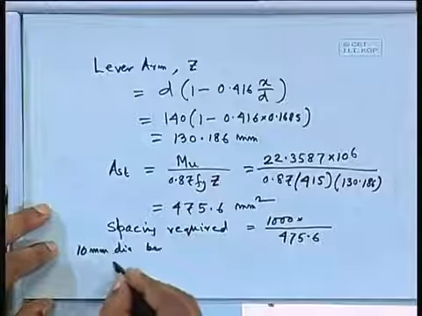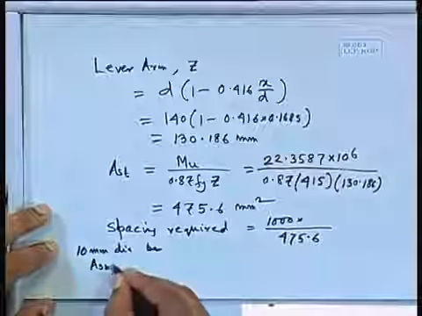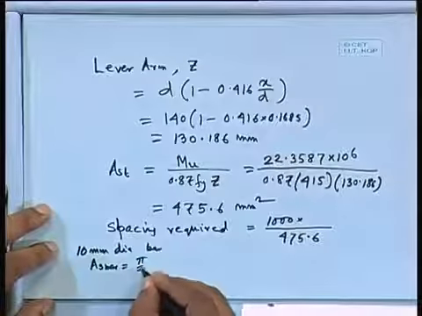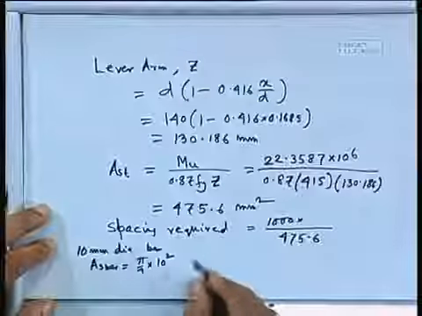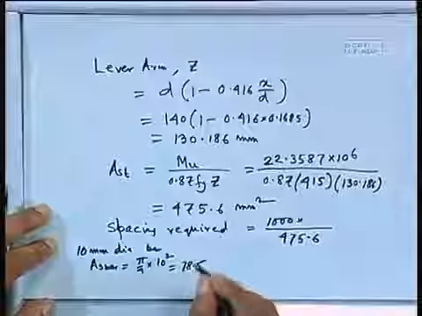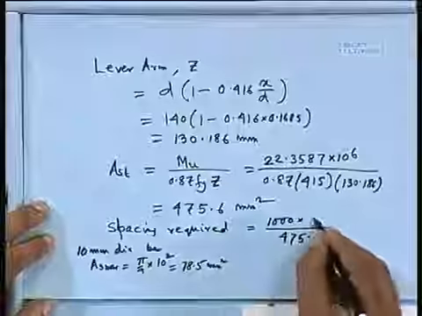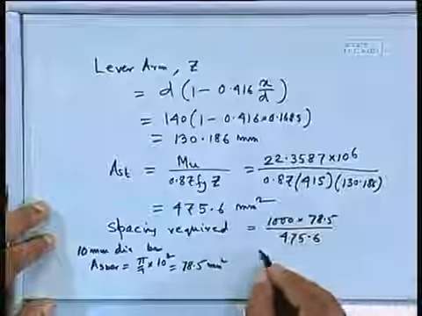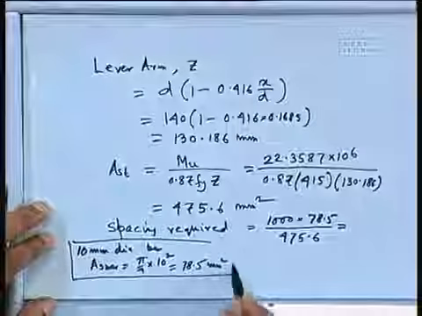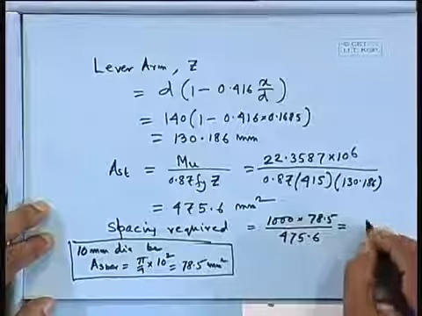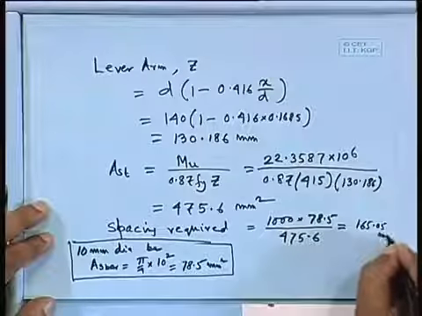So, the spacing S of the bar, if I consider, we can get 78.5 divided by 475.6 times 1000. We are assuming that we shall provide a 10 millimeter bar, and we are getting here 165.05 millimeter.